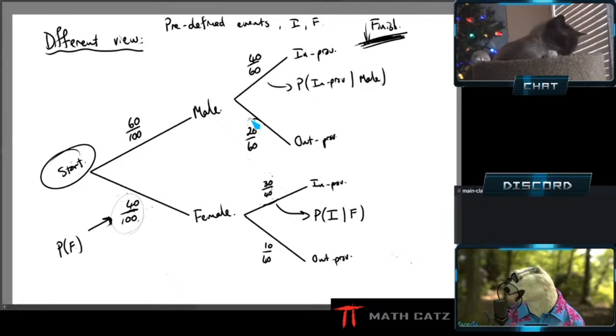Now, it depends on how I've set up my tree. I set up my tree first. Then I look at their questions. They can only ask so many, right? There are only so many events here. Sometimes what they are asking for, whether it's a conventional probability or a conditional probability, it's already on the tree.